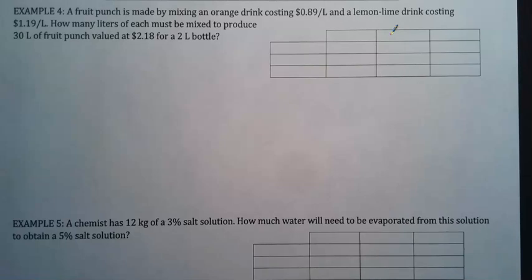So we're making fruit punch, okay, and it's made by mixing orange drink and a lemon lime drink. Okay, so those are the things that are going to go here. Fruit punch is our final product, so it's going to go at the bottom. And then we can put our orange here and our lemon lime here. You could flip the order of those, but orange came first, so I've got lemon lime.